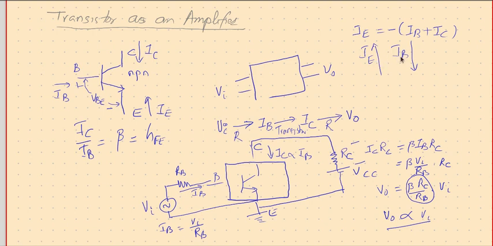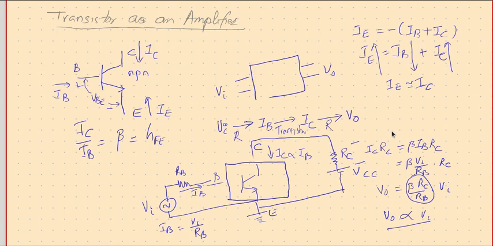Therefore, IC is almost equal to IE, because only a very small current is made up of IB. The sum of these two will be IE. So IE is equal to IB plus IC. If IB is very small, then IE is almost equal to IC.